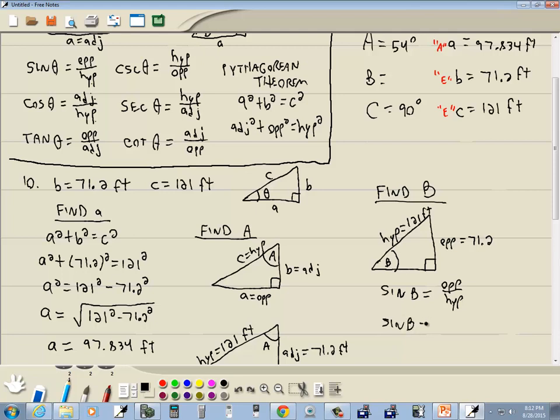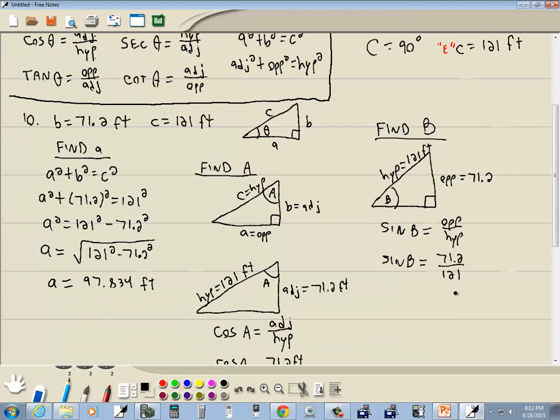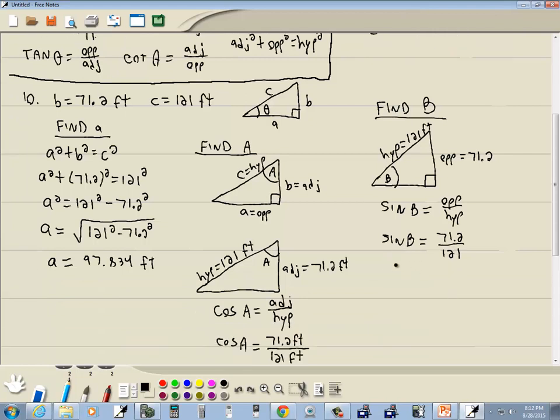So I got sine B is equal to opposite, which is 71.2, over hypotenuse, which is 121. My feet would cancel, so I went ahead and dropped those to begin with. Now I can take inverse sine of both sides. So inverse sine of sine B is equal to inverse sine of 71.2 over 121.